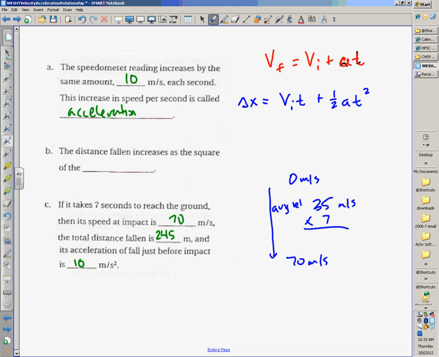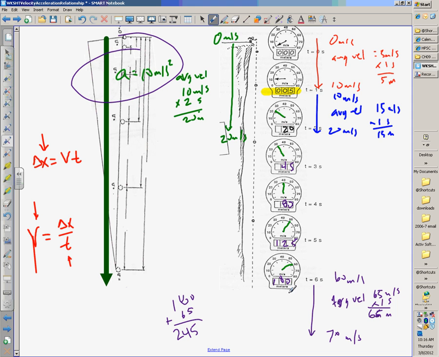Okay? Let's talk about the red one first. The red one we can use to figure out how fast an object is going at a certain amount of time after it starts. So let's apply this situation, where we just dropped the ball from the top of this cliff.